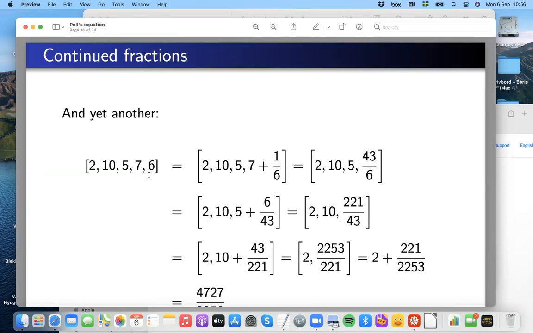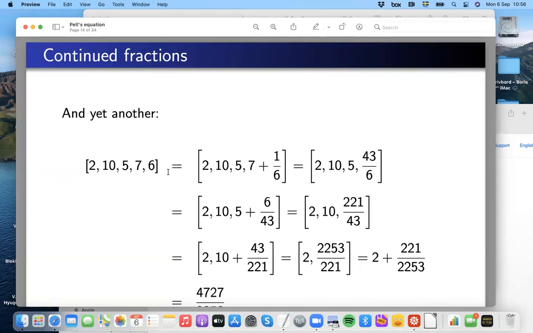So here is the way to go backwards. Assume that you have a sequence of positive integers, 3, 2, 5, 7, 6, and you ask to which rational number this corresponds. Well, we'll do the inverse procedure. We take the last integer 6 and make it into 1/6.